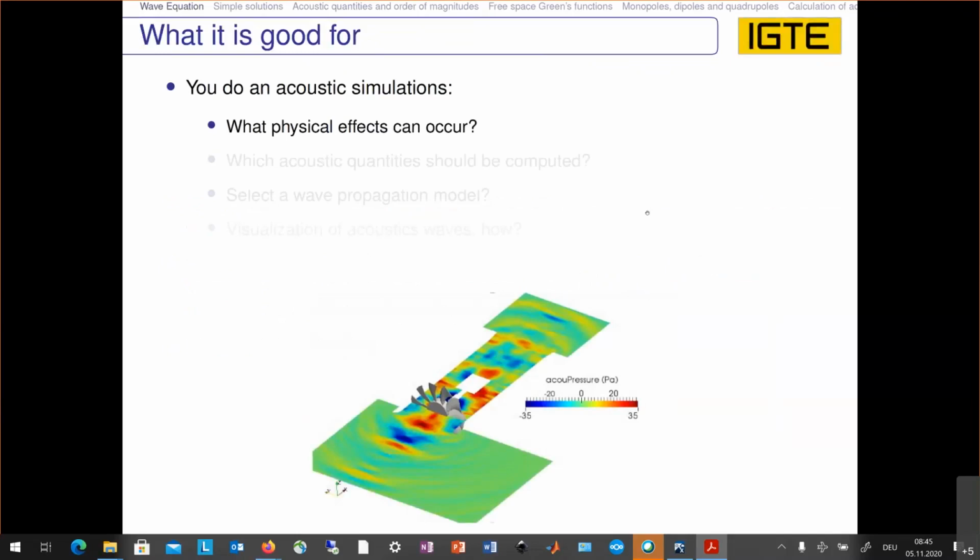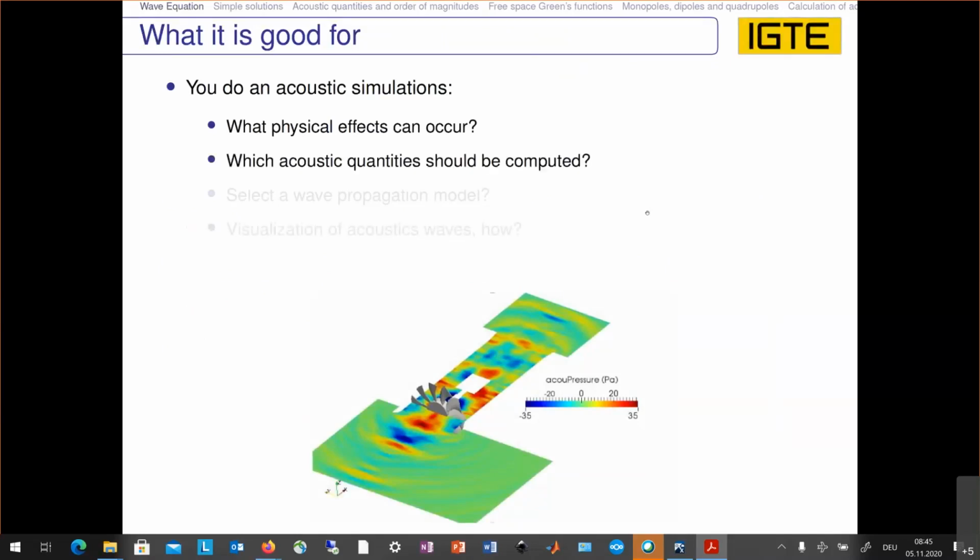So whenever you do a simulation, which perhaps also means trying to estimate with some analytical formulas or really doing a numerical simulation, the first question we want to answer is, what physical effects occur in my setup, and do I have the correct mathematical physical model?